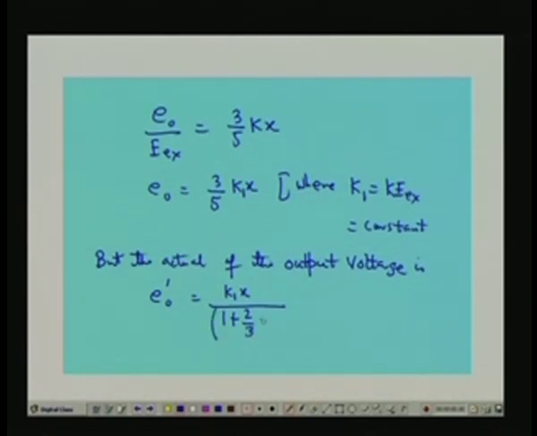This is a generalized equation, is it not? Because that is the actual value. We have approximated in some cases, says k x less than 0.1, x equal to 1, like all this.